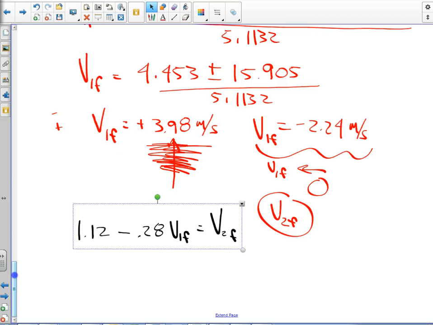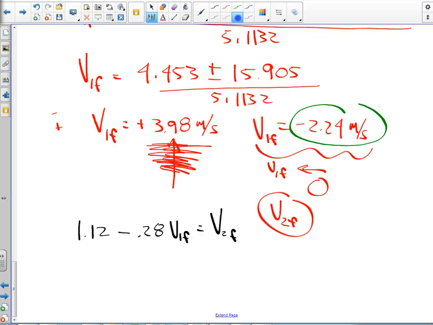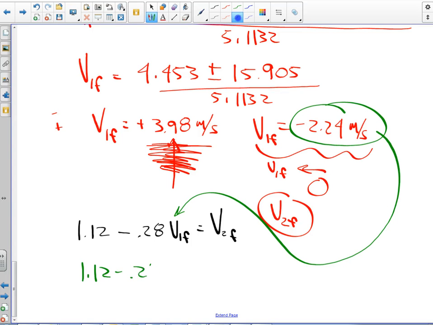Now to find V2 final, I'm going to plug in here. Take this number for V1 final, plug it in, and end up with 1.12 minus 0.28 times negative 2.24 meters per second equals V2 final.